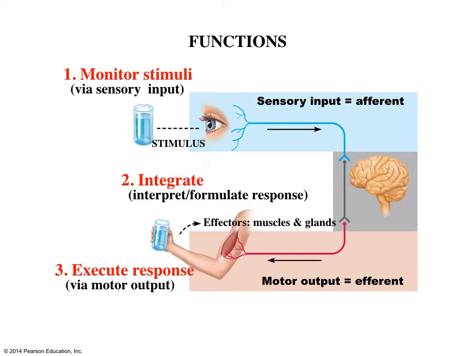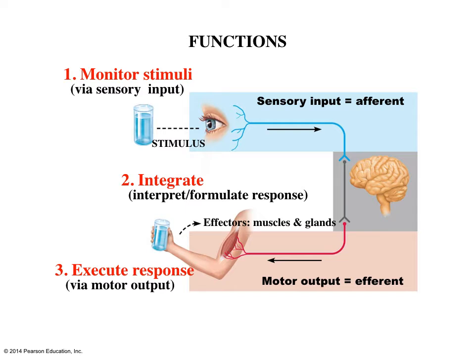Functions of the nervous system would include, first of all, to monitor stimuli. A stimulus is a change in the environment, either external or internal.